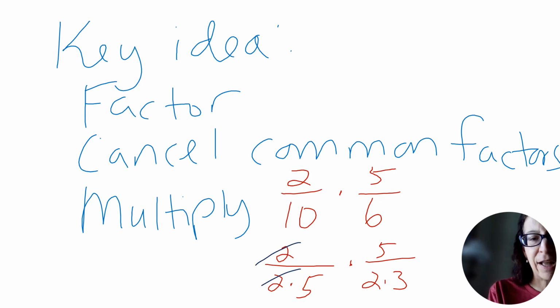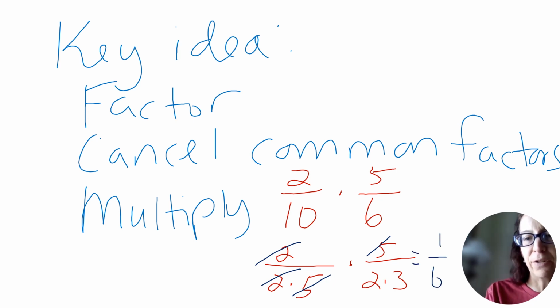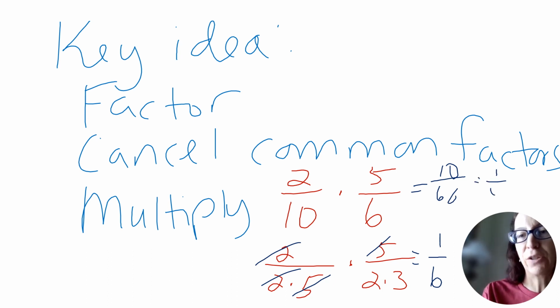But we would cancel out the common factor of 2, and the common factor of 5, and then we would be left with 1 in the numerator, and 2 times 3 is 6. Now we could have gotten there by multiplying straight across and getting 10 over 60 and then simplifying that to 1 over 6. But generally speaking, we can avoid some of those bigger numbers if we're willing to simplify first.